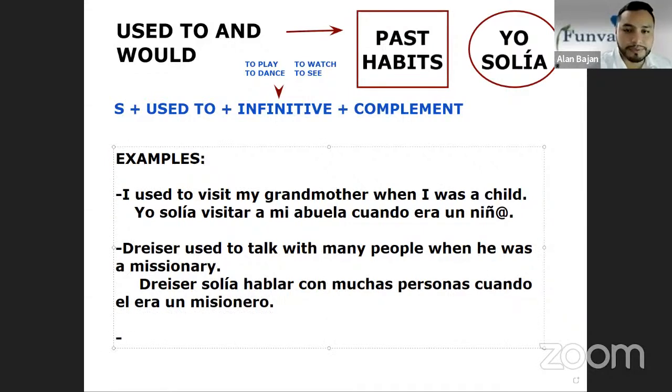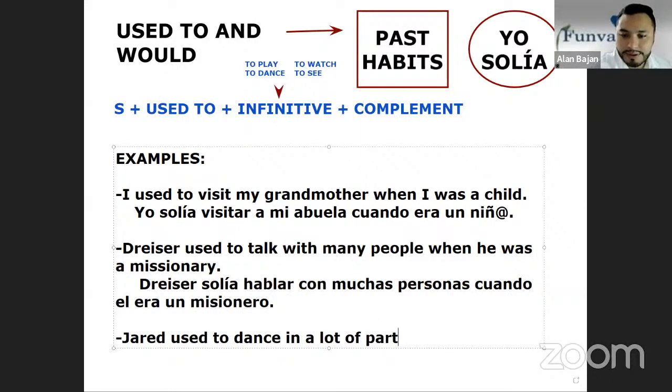See another example. Jared used to dance in a lot of parties when he was single.